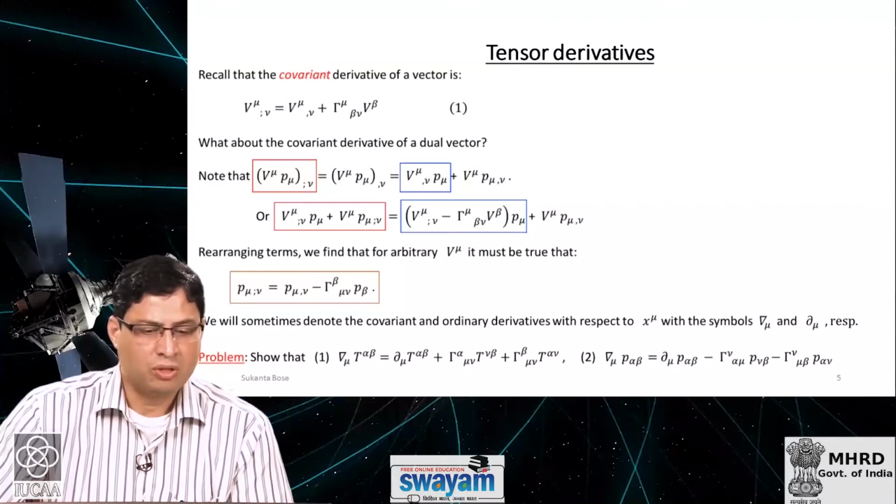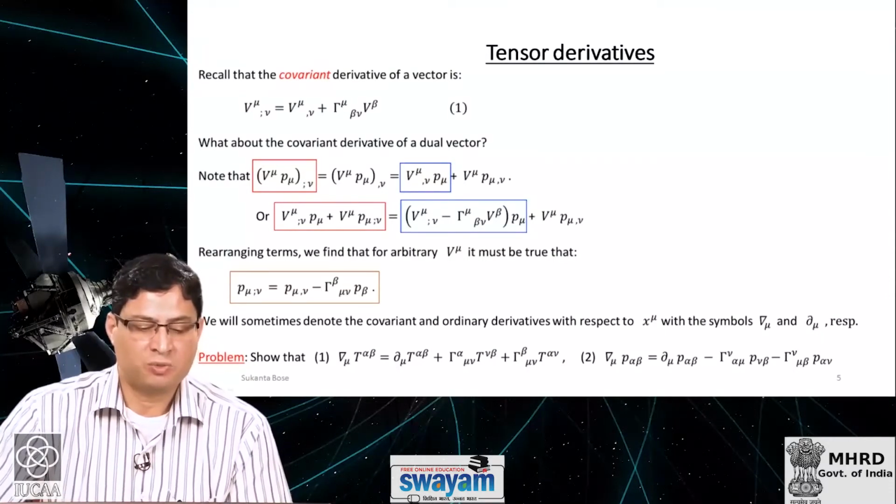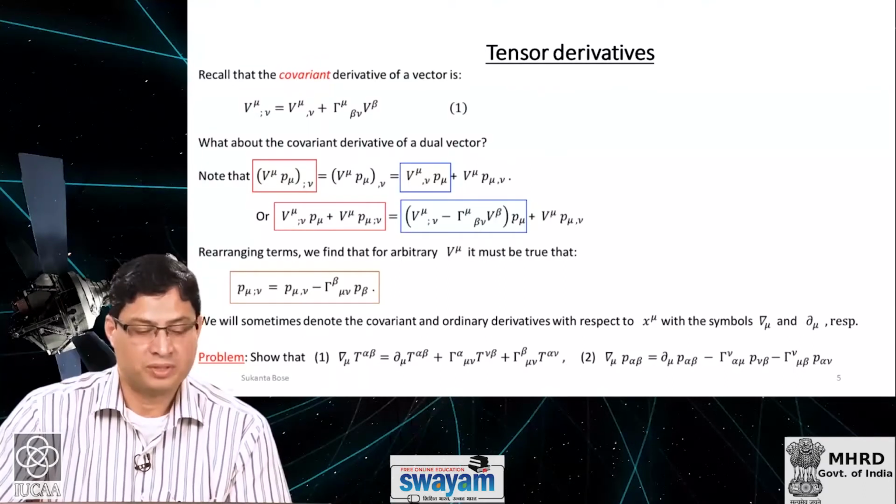And also, instead of one of the lower indices of the Christoffel symbol contracted with our vector, now it's the upper index of gamma, the Christoffel symbol, that is contracted with this vector, and that is because what we are dealing with is a dual vector with indices in the subscript.